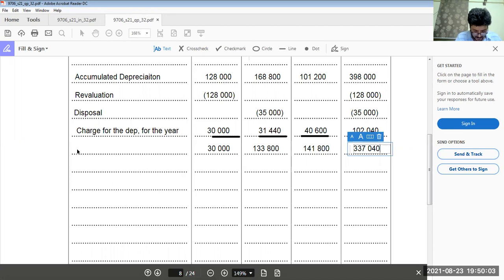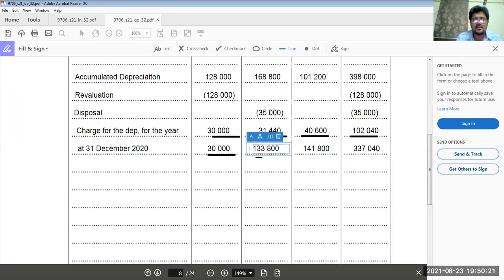Okay, this is 31st December 2020. And now next, book value.